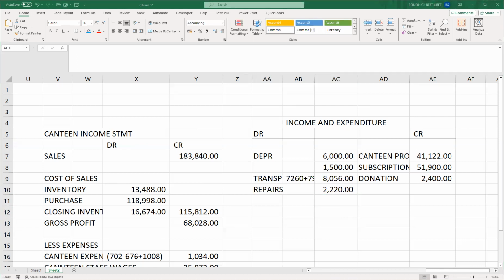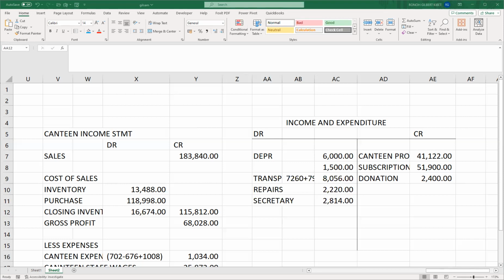We have secretary allowance, 2814. And transport, we have already done that.